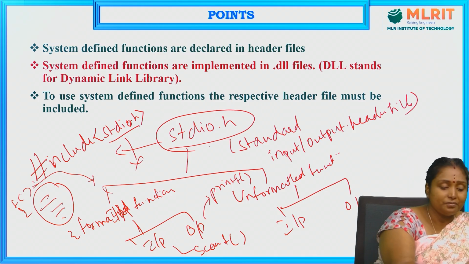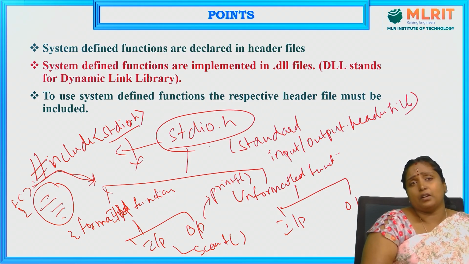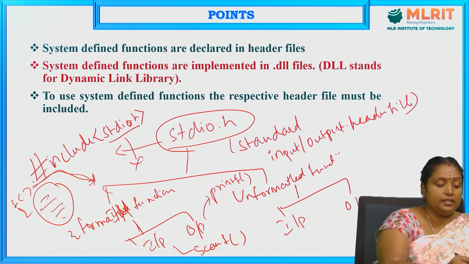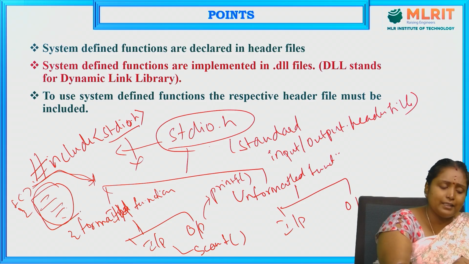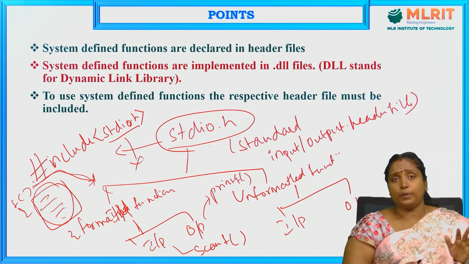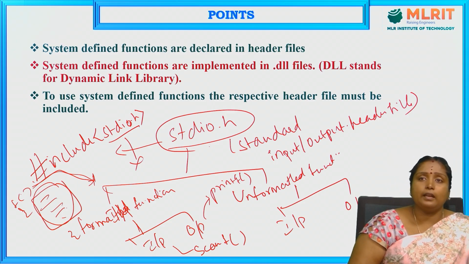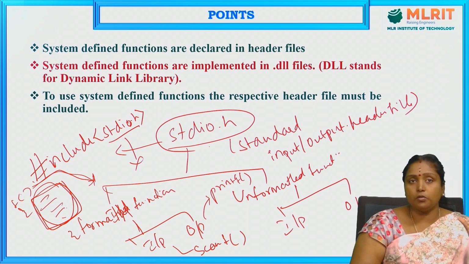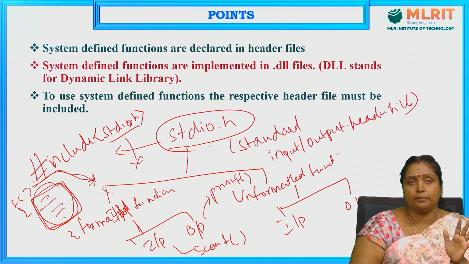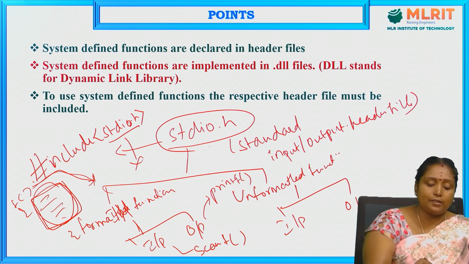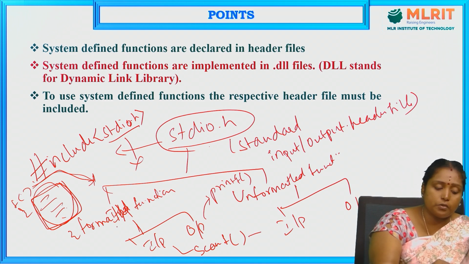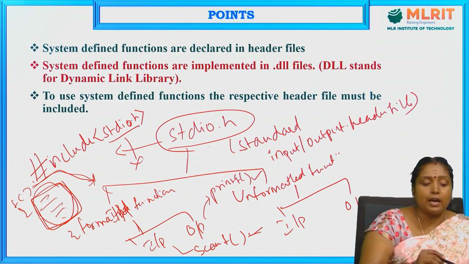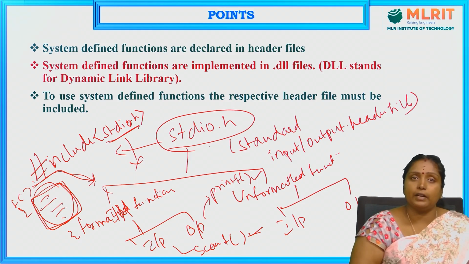Here we simply call the function. Similarly, in the C library they have already written the code to print something on the screen, and they secured that code inside the header files. From there, if I want to use a printf function or a scanf function, I have to include the header file in my program.